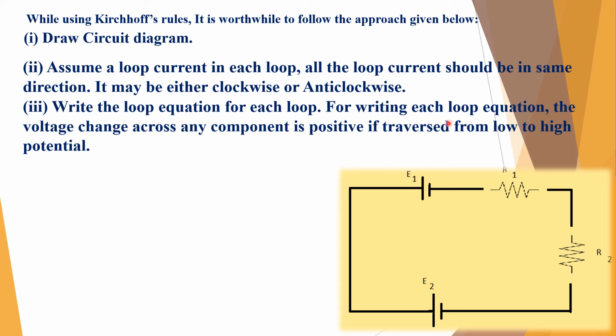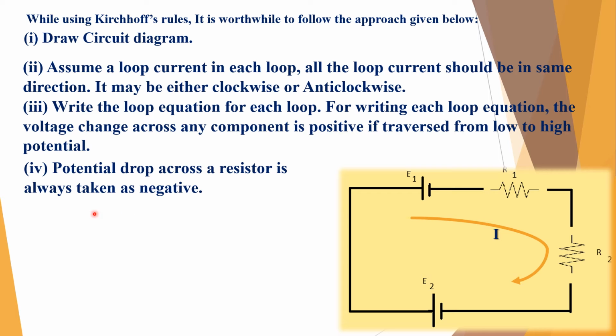For writing each loop equation, the voltage change across any component is positive if traversed from low to high potential. For batteries, the positive terminal is always at higher potential. Step number 4 is potential drop across a resistor is always taken as negative.